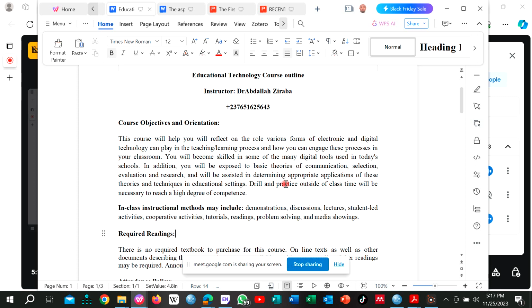We're also going to expose you to theories, especially theories in selecting and evaluating technologies, and understanding the appropriate ways to apply these theories and techniques in educational settings.